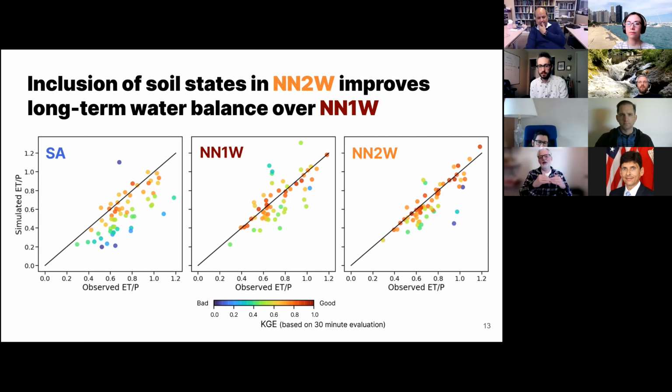I know at least one of the sites that we tend to do poorly at is a site in the Netherlands. There's no information at the FluxNet site, but it does appear that there is pumping going on to maintain water levels, or the moisture levels. That's not incorporated anywhere.